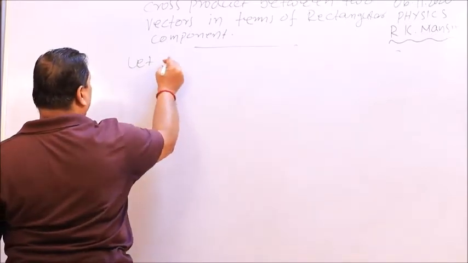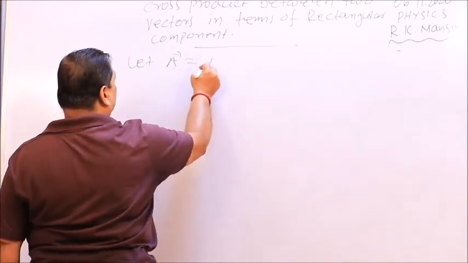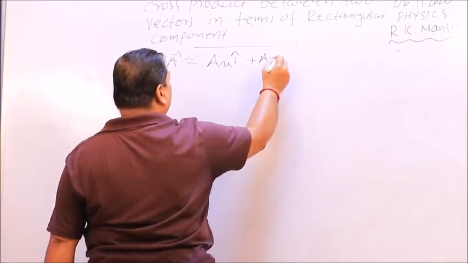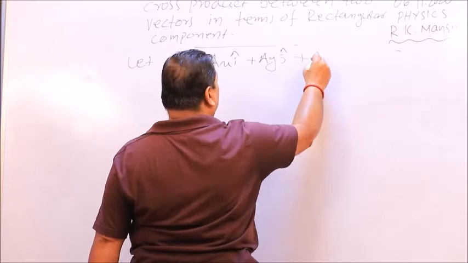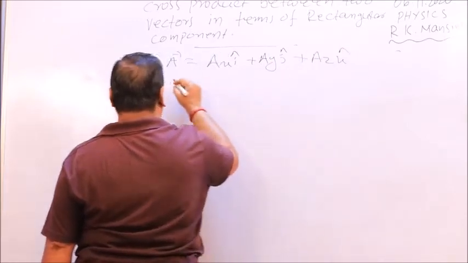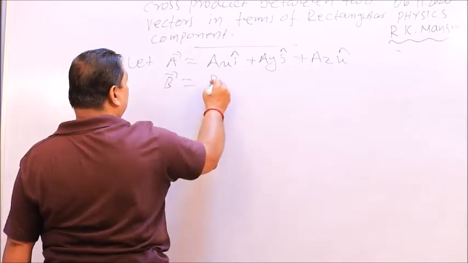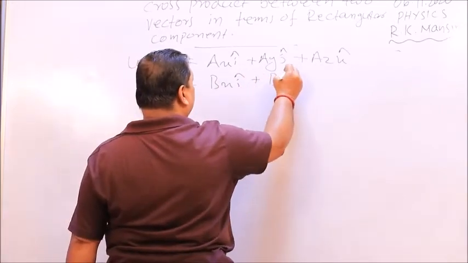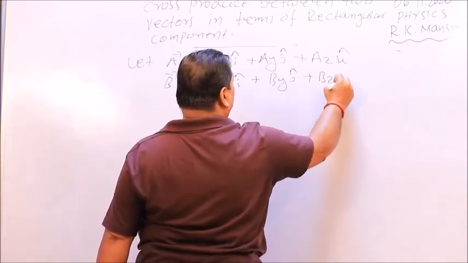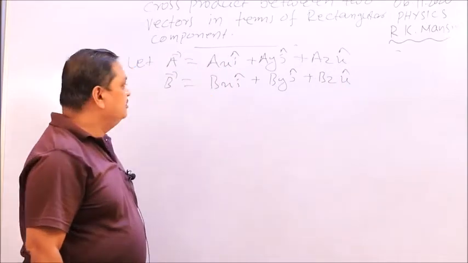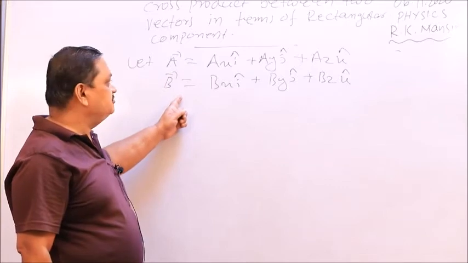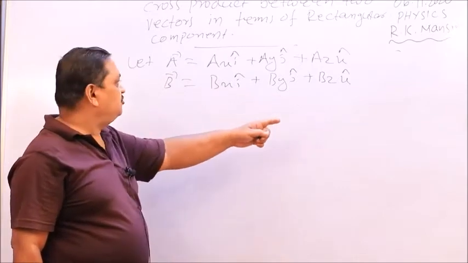Let vector A equal to ax i cap, ay j cap, az k cap. Vector B equal to bx i cap, by j cap, bz k cap. Now we have to find out the cross product between vectors A and B, A cross B, in terms of rectangular components.